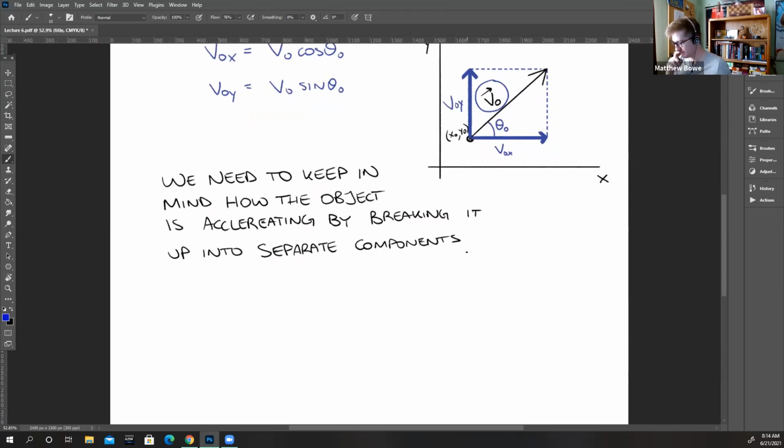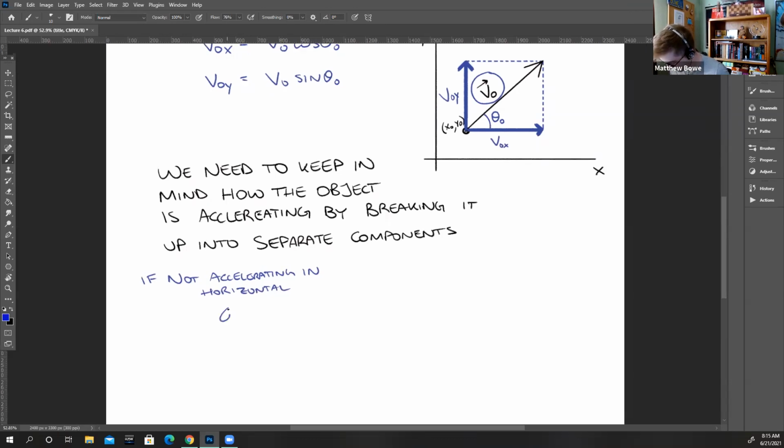So typically, unless stated otherwise, if it's not accelerating in the horizontal direction, the acceleration in the horizontal direction, a sub x, is 0.